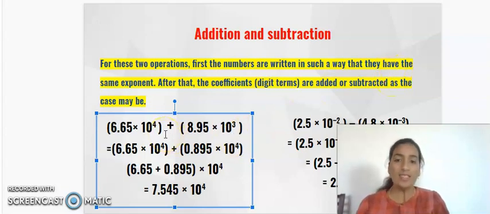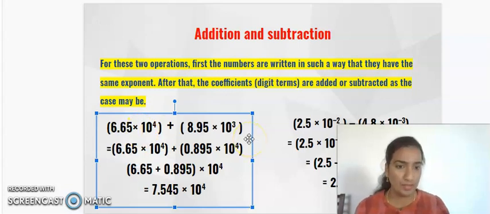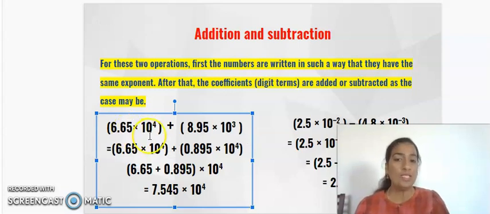So in this case, the powers are different, 10 to the power 4 and 10 to the power 3. Now we have to rewrite the numbers so that they have the same exponent. Which power will we change, 10 to the power 4 or 10 to the power 3? We discussed scientific notation in the previous video. If we change 10 to the power 4 to 10 to the power 3, we have to shift the decimal one place to the right.